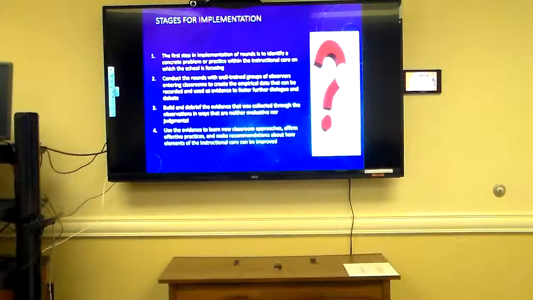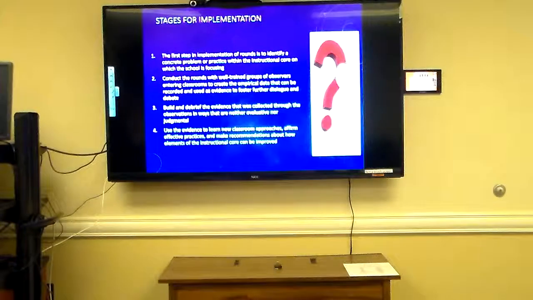So the first thing that you have to do is identify a practice or a problem that you think is going on with instruction, and then you go around as a group with trained people, preferably a mix of responsibilities. And then they create the data, and they can determine how they can use it to get further dialogue, further debate, and further use of the instructional materials.